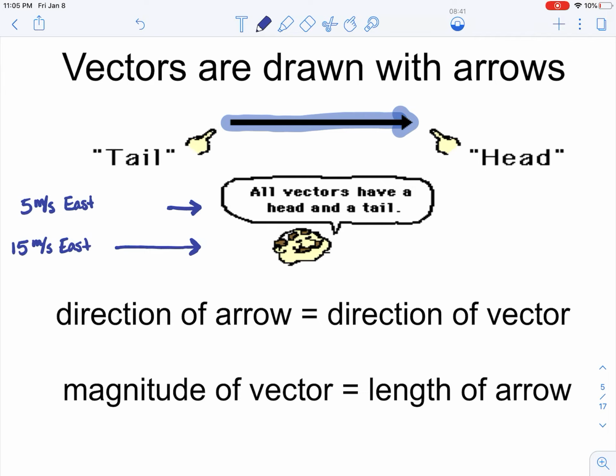And how nitpicky I'm going to be is going to kind of depend on what I am grading, okay? I will tell you that if you are using vectors in order to create an illustration that you are then going to analyze, pull information off of, and then produce a calculation from the information that you took off of your own drawing, if you do not draw these vectors proportionally, if you do not draw it so that a larger magnitude has a longer length for its arrow, then your picture may come out to give you the wrong shape.